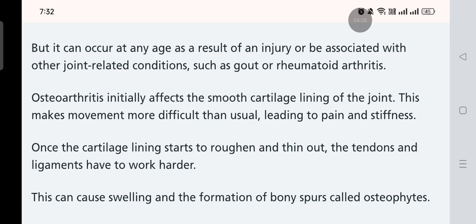Osteoarthritis initially affects the smooth cartilage lining of the joint. This makes movement more difficult than usual, leading to pain and stiffness.